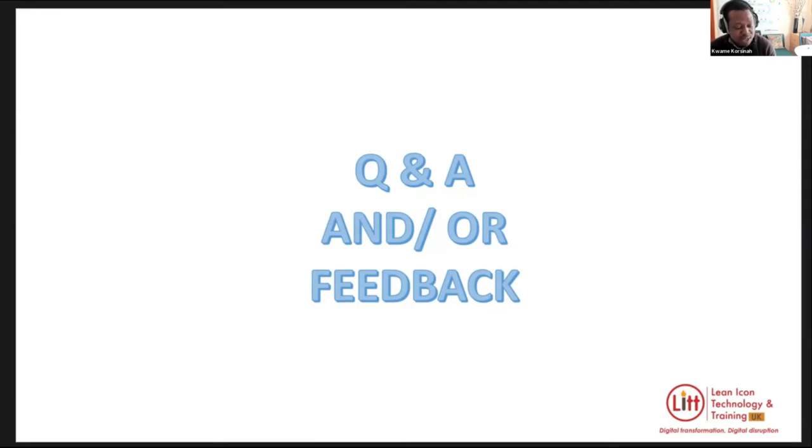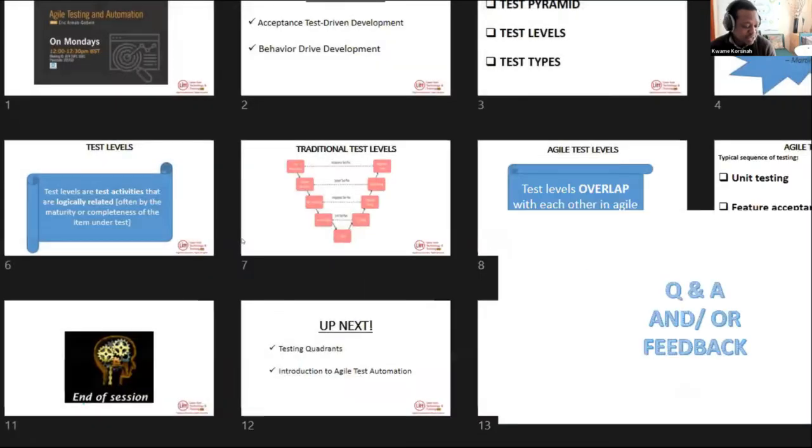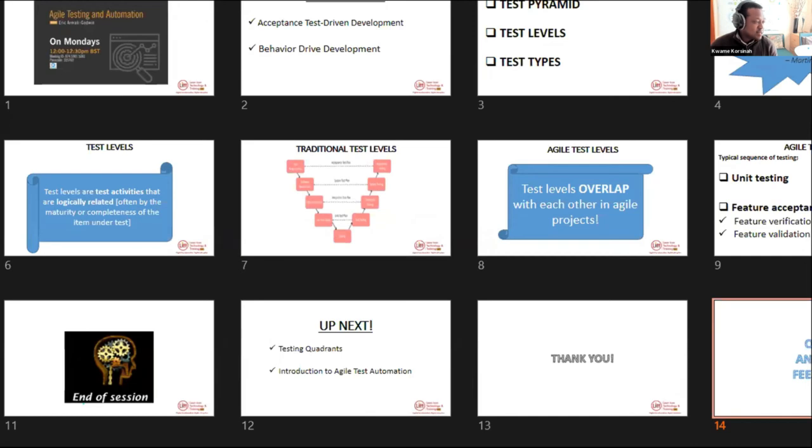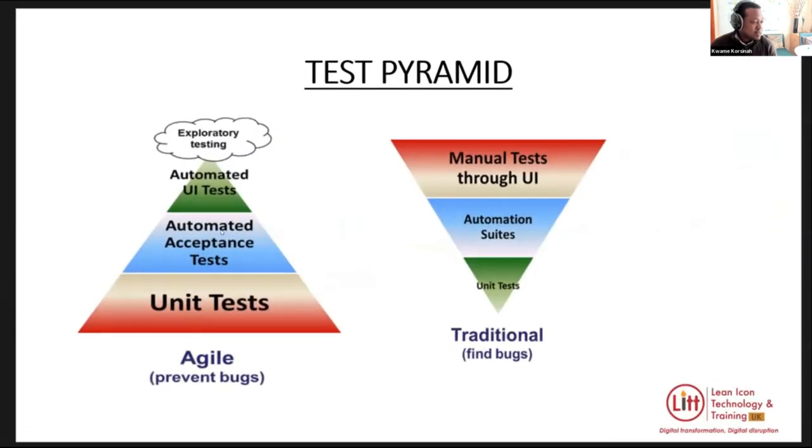Especially, I'm looking at the pyramid testing. Yes, sir. And you looked at it from 2 angles, inverted and traditional. So the inverted, we said one has got more unit tests than the user interface, less of the user interface testing. Yes.